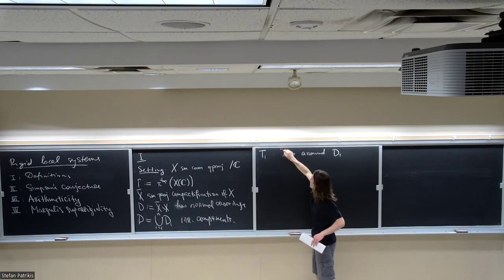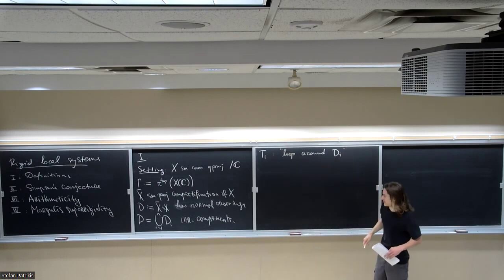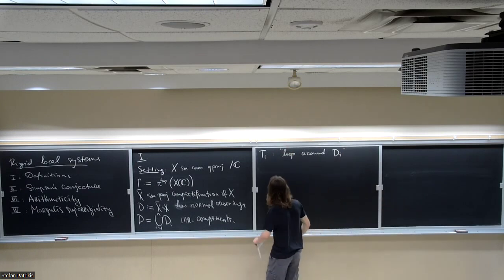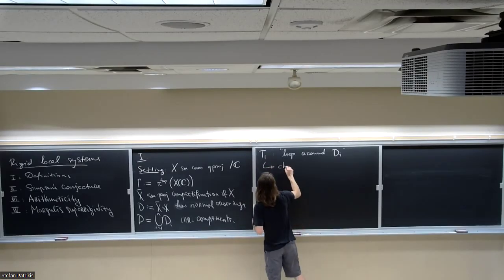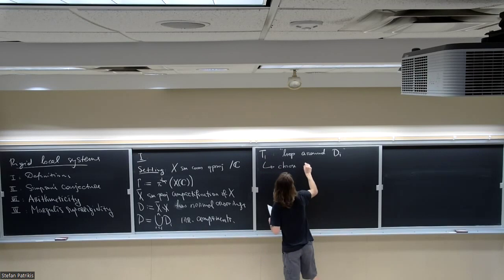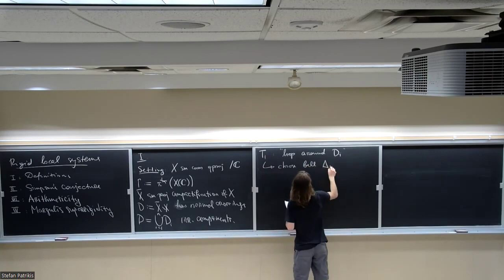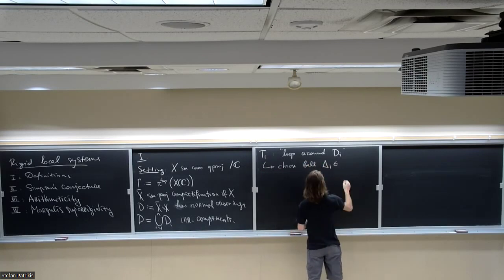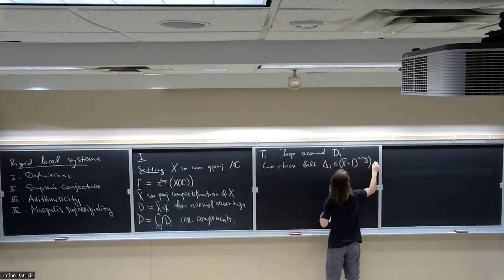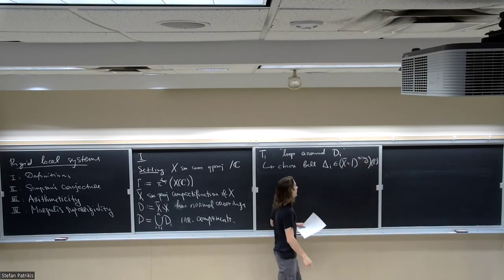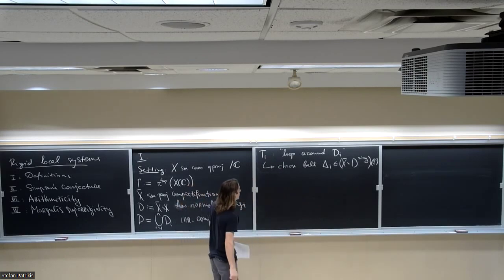In quotes, but for completeness, let me say in more detail what exactly this involves. So we want to fix some open ball in this compactification, and maybe avoid any singular part of the divisor, so everything works out nicely.